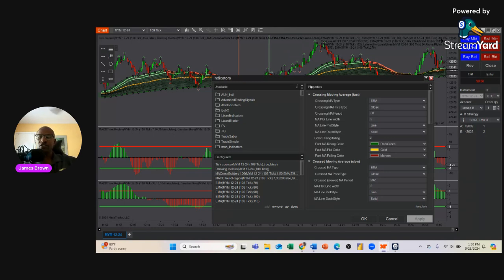So I look at the 50, and I also have a 292 exponential moving average. If you can see on my charts, it's the EMA. The smallest one is the 50, and the largest one is 292.